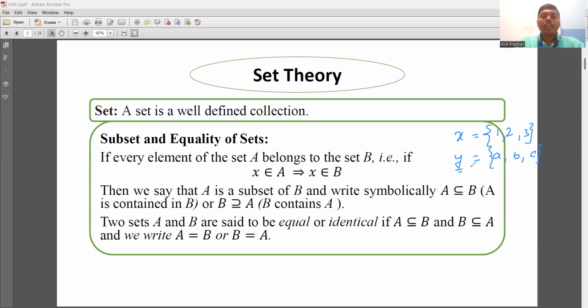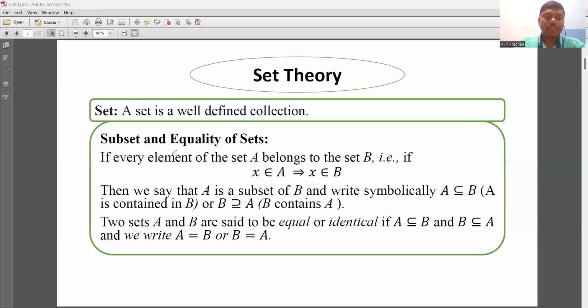Before going to the equality of sets, we need to talk about the subset notation. So what do you mean by a subset?